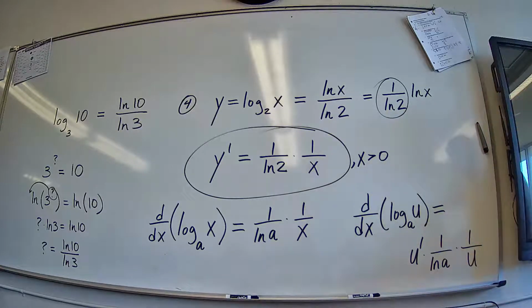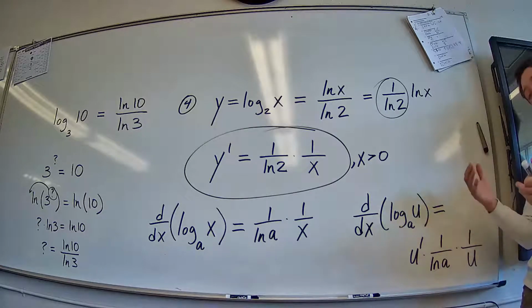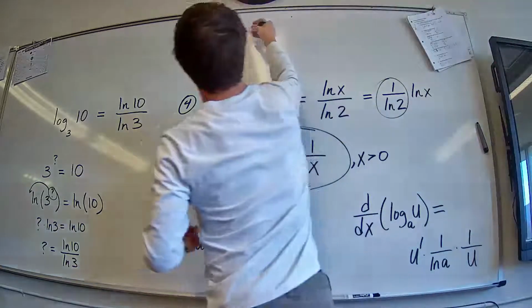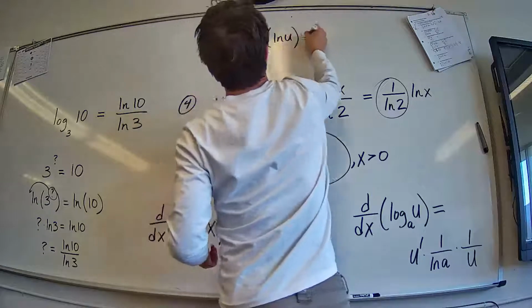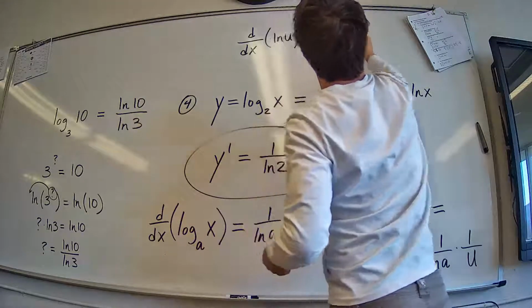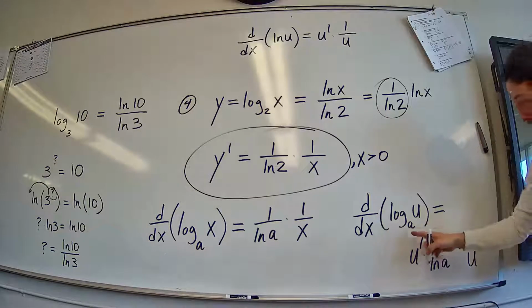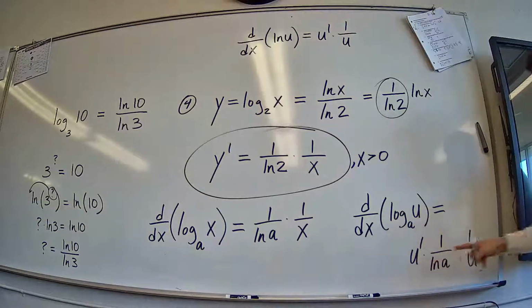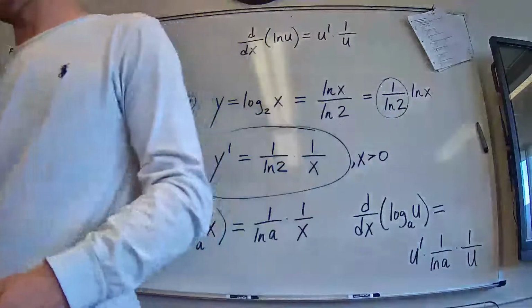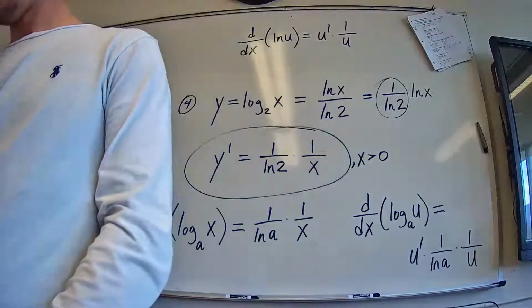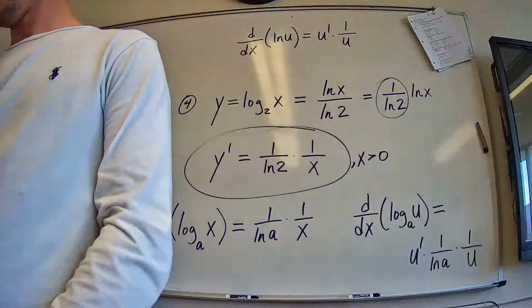It's 1 over u. Remember, the derivative of log of u is u prime times 1 over u. So the derivative of log base a of u is the same thing, u prime times 1 over u, but with this extra multiplier on it. So there you go. That covers all.